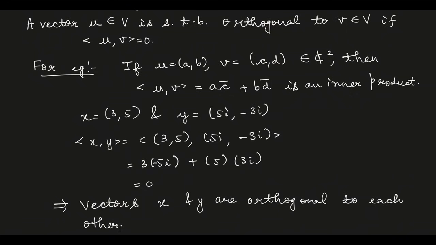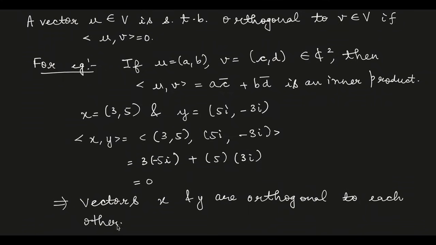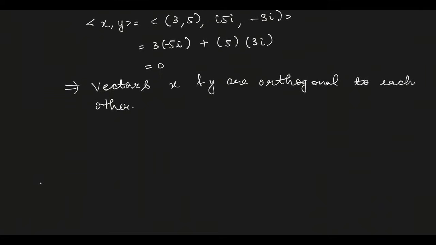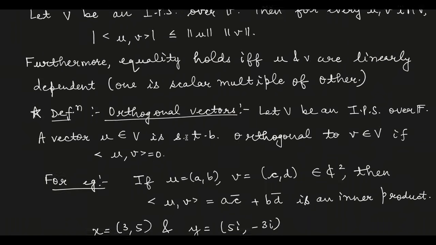Now what do you understand by the definition of orthonormal set? There will be two properties. Firstly, vectors will be orthogonal, and the norm will be 1. This definition was of orthogonal vectors.